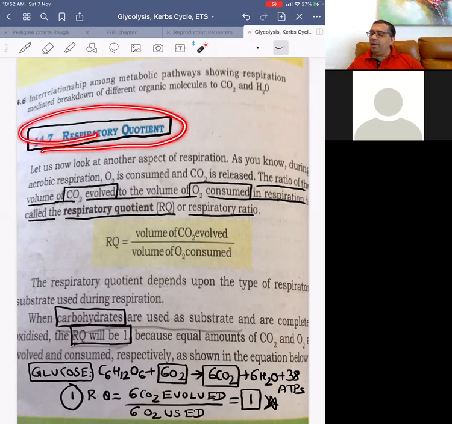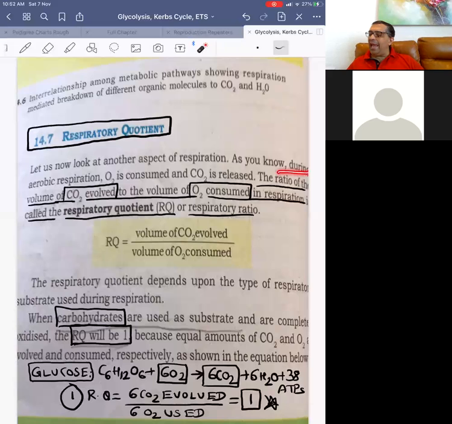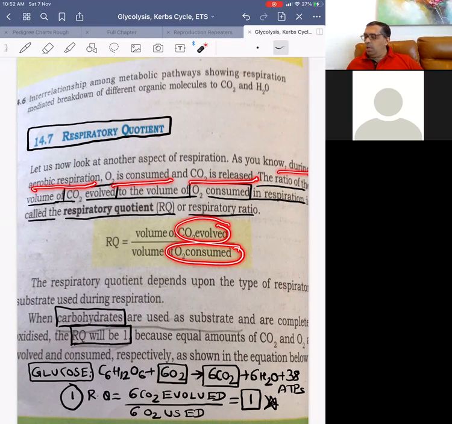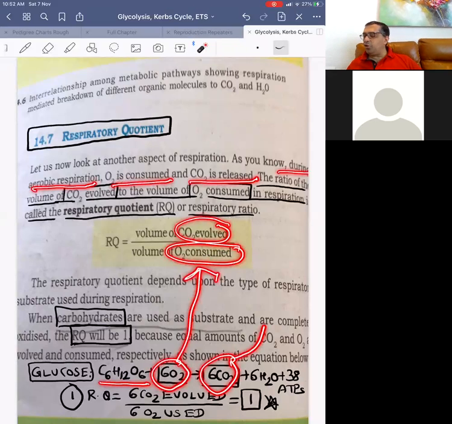Respiratory quotient is the concept in which during aerobic respiration oxygen is consumed and CO2 is released. O2 is used and CO2 is evolved. So we all know C6H12O6 plus 6O2, oxygen is consumed, gives 6 CO2 plus 6H2O plus energy.